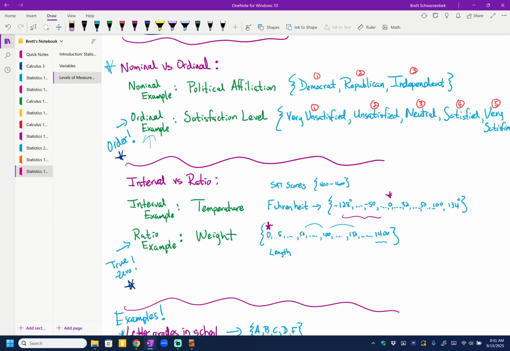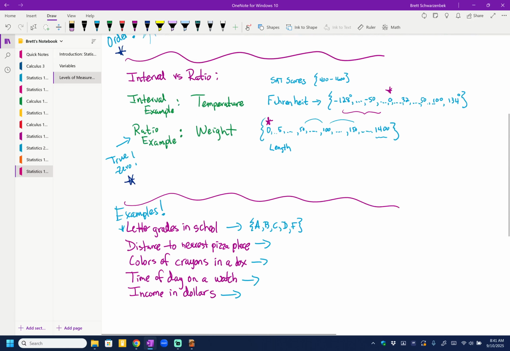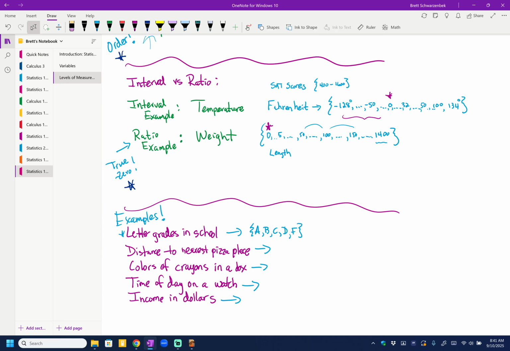So we want to look at this and go, if I was to label this with numbers, let's say we did 1, 2, 3, 4, 5. Would 1 be bigger than 5, less than 5? Does the order matter to this?